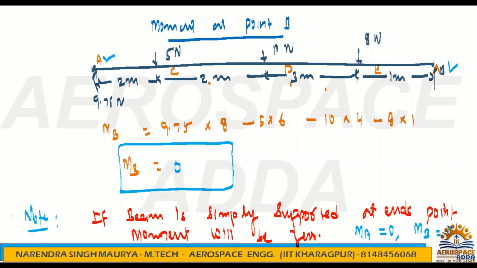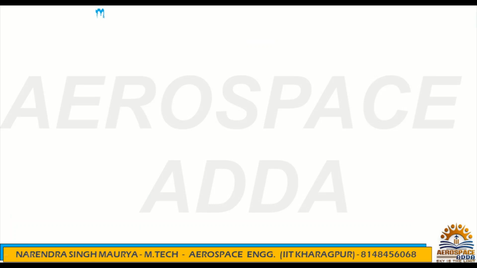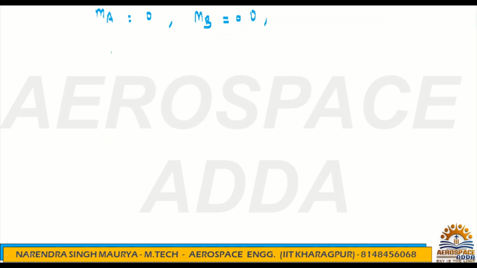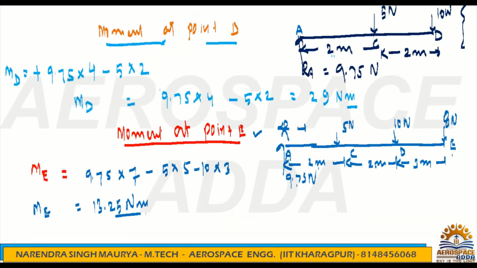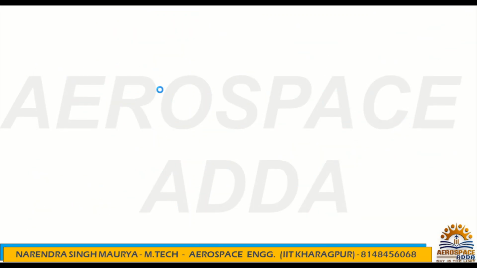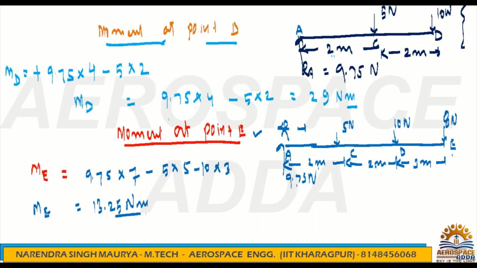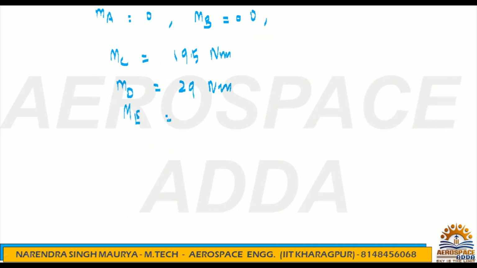Okay, done. Each and every point you have calculated the moment: MA you have calculated 0, MB 0, MC 19.5 Newton meter, MD it's 29 Newton meter, ME it's 13.25 Newton meter.